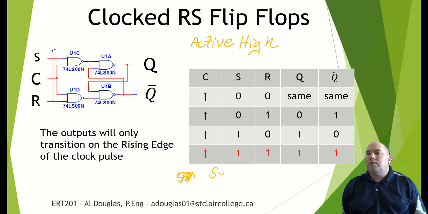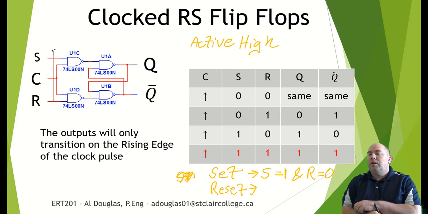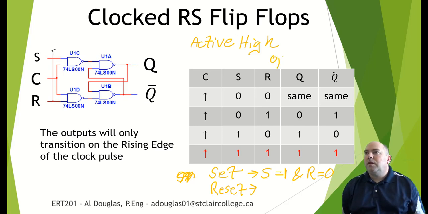So if you actually want to set, if you actually turn S to 1 and R to 0, which is the opposite of the RS, this works the opposite of the RS.